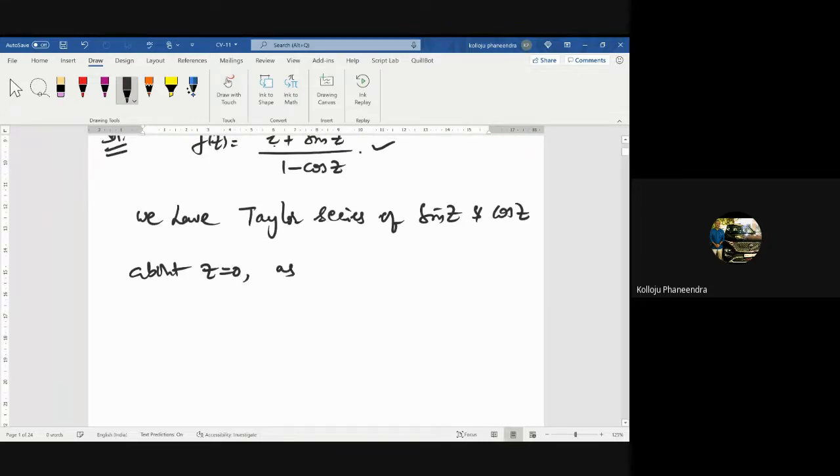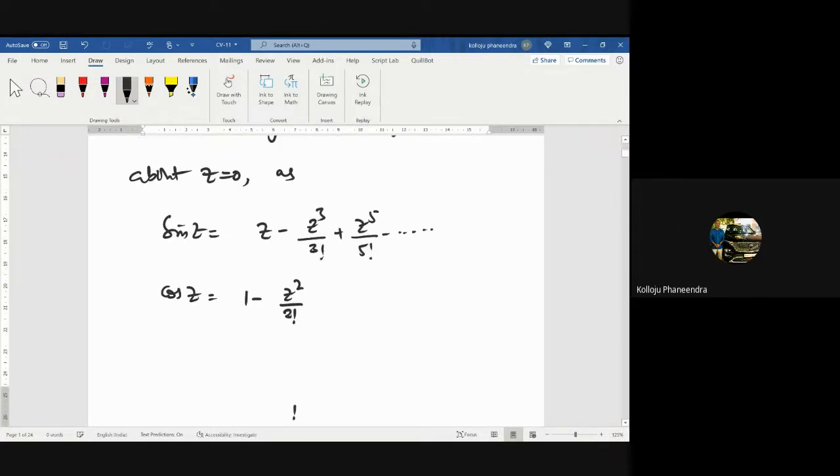Sin z expansion: z minus z cube by 3 factorial plus z power 5 by 5 factorial and so on. And cosine z expansion: 1 minus z square by factorial 2 plus z power 4 by factorial 4 minus and so on.